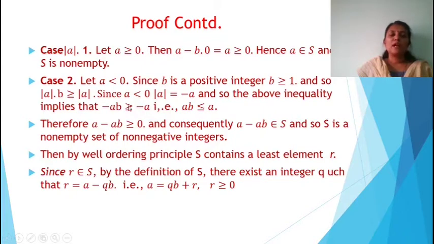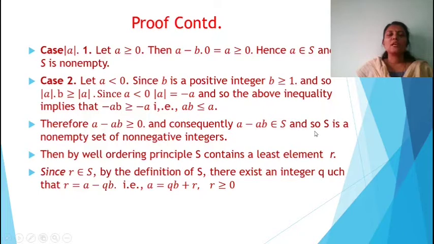If we multiply this inequality by minus 1, then the inequality changes: ab is less than or equal to a. So a minus ab is greater than or equal to 0, and so consequently a minus ab is an element of S. So we have a minus xb, here x equal to a. So it's an element of S.